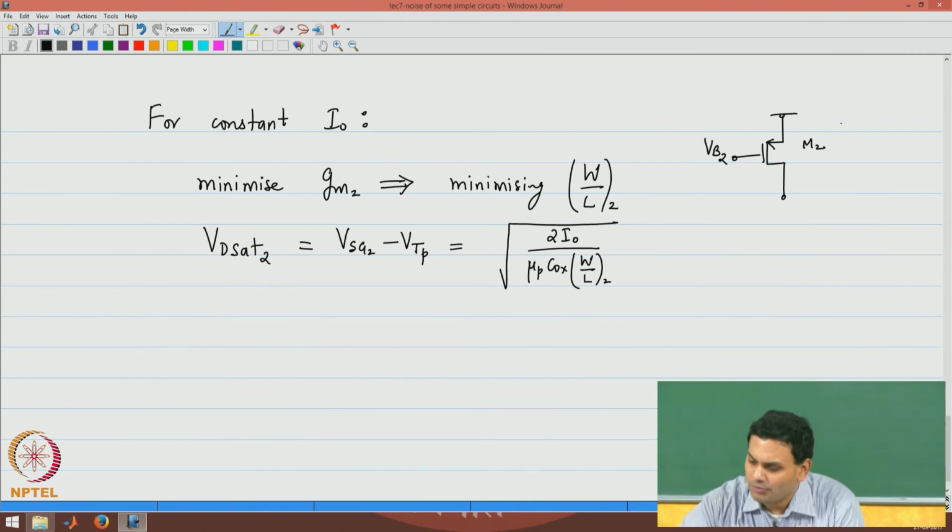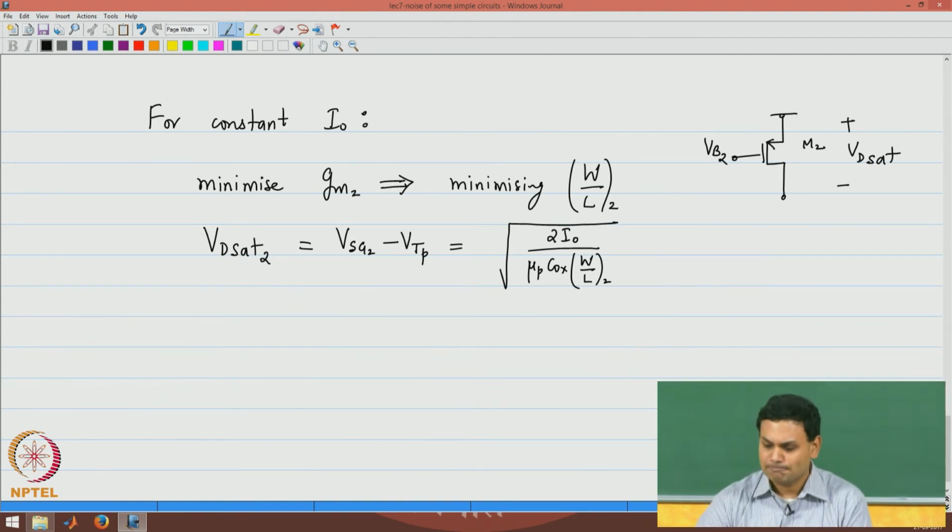you are compromising the minimum voltage required across the transistor M2, the minimum voltage required to keep the transistor in saturation, and that is extremely important to get large gain from this circuit.